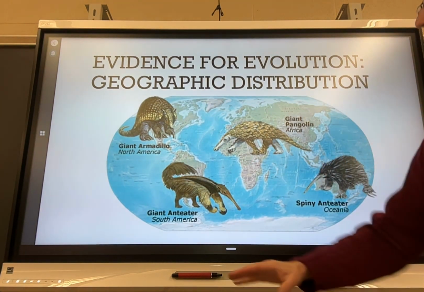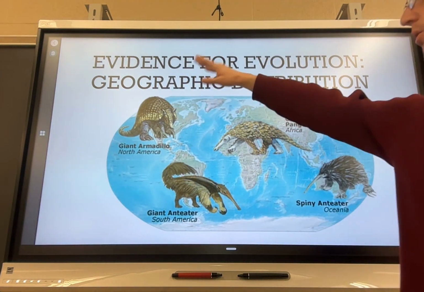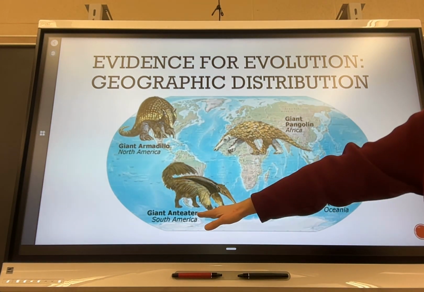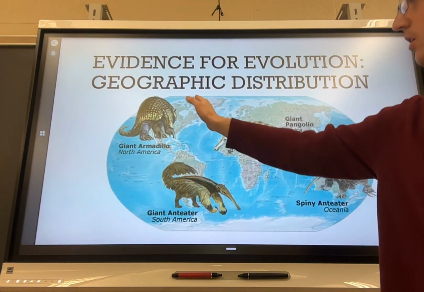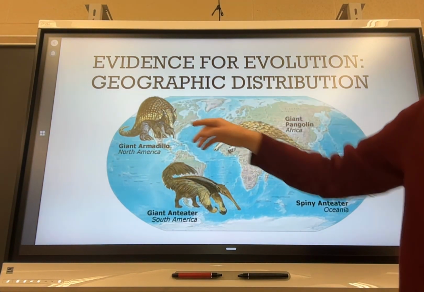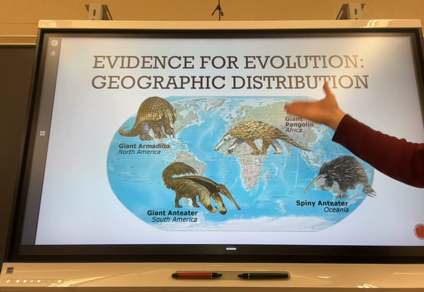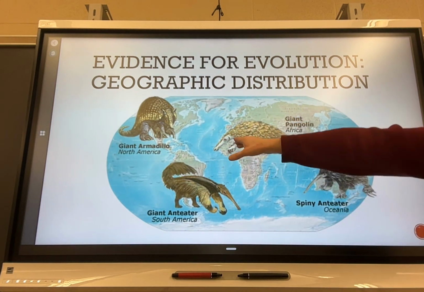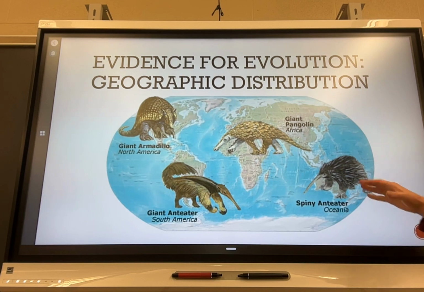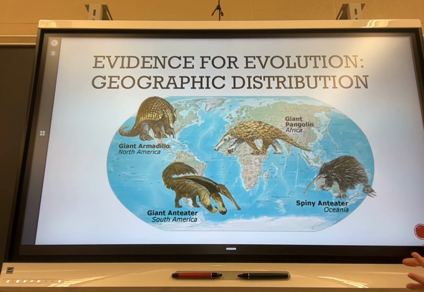So for example, you see the giant armadillo in North America versus the giant anteater of South America. Both of them have that kind of humped shape with the long nose and the claws. If you jump over to Africa and to Oceania, to Australia, you find the same thing. In Africa and Asia, we get the giant pangolin, again, long snout and claws. And in Australia, we have the spiny anteater, long nose and claws.